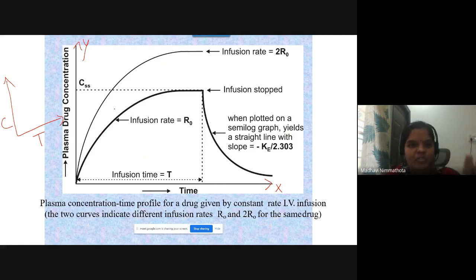See, up to this mark, with increasing duration of time, the concentration also increases. Initially there is no drug, so elimination and absorption will be 0.